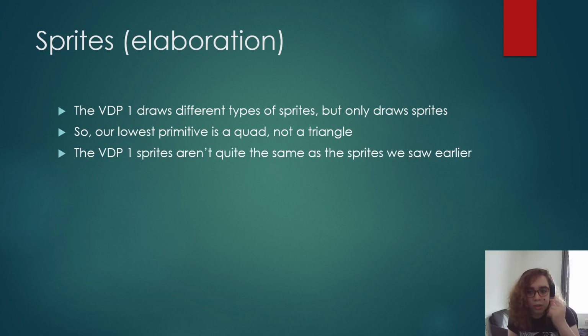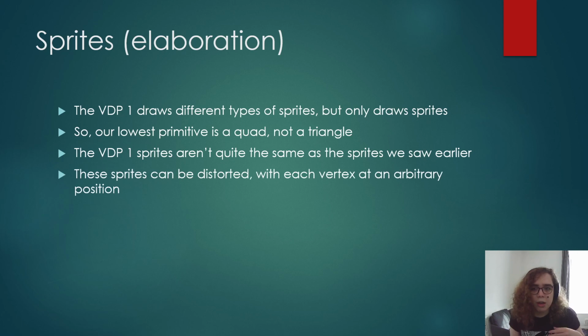Now, as I said earlier, the VDP1 sprites are not exactly the same as the ones we saw before. With the ones we saw before, you could specify what tile they were using, what position they had, and if they were flipped. There's not very much to specify. The sprites on the Saturn can be distorted, so you can specify an arbitrary position for each vertex, and it's able to just figure out how to draw it.